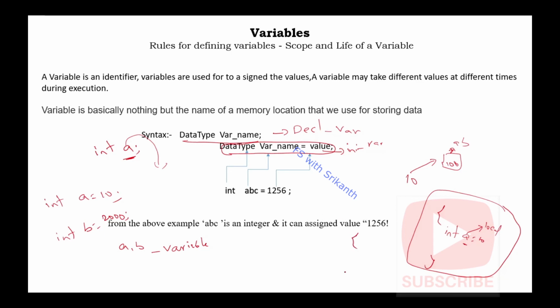In the same way, suppose you have blocks, but you declare your variable outside, int b = 20. Then this b value is available here, and this b has global scope. Global means available to different functions, and local scope means available only in a particular scope, a particular function.